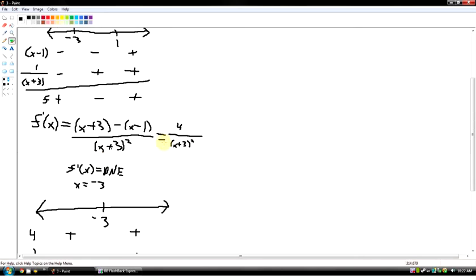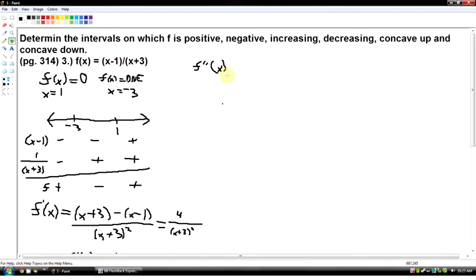Using the quotient rule again on 4 over x plus 3 squared, we should get negative 8 times x plus 3 over x plus 3 to the power of 4, which can be simplified to negative 8 over x plus 3 to the power of 3.